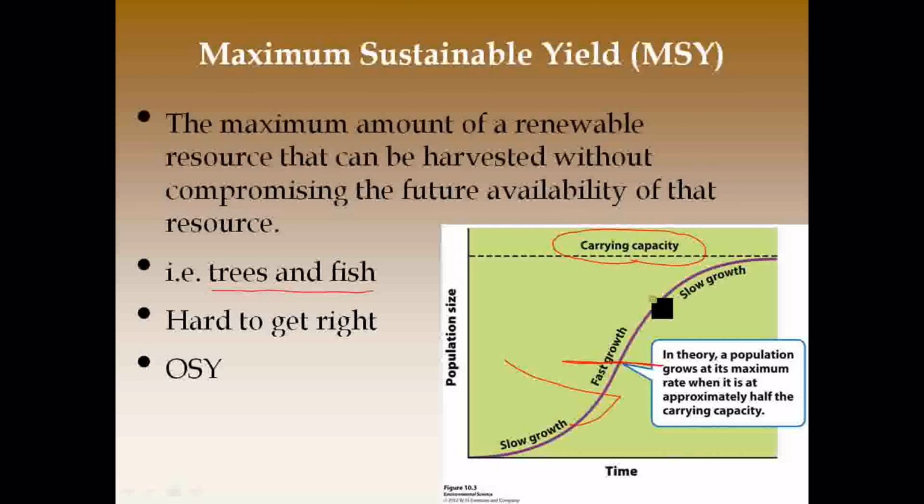Don't start getting up in here and you're running dangerously close to killing off all of the organisms, all of the resource that's in an area. So for years we've been operating fisheries and harvesting trees and forests based on the maximum sustainable yield, based on the MSY.